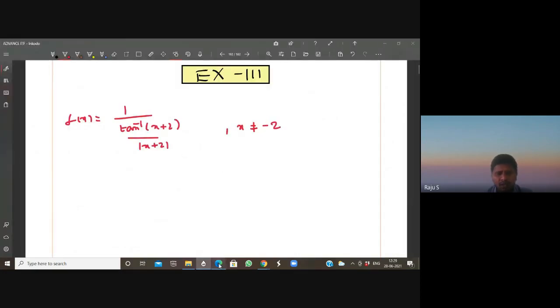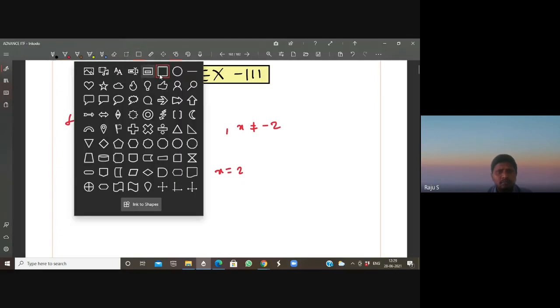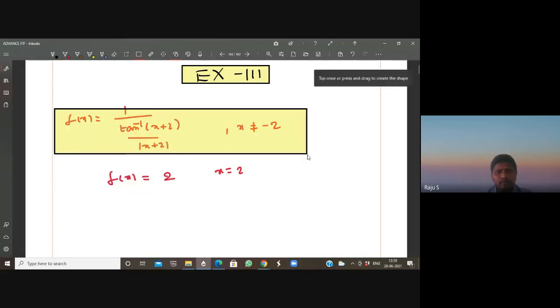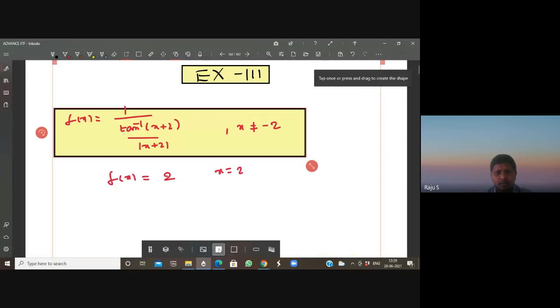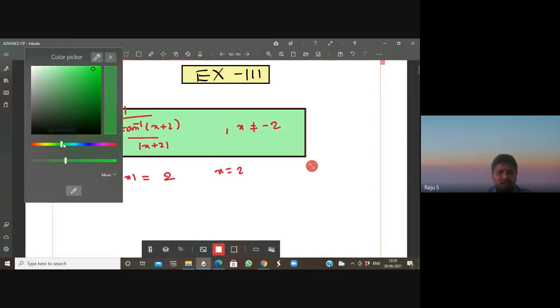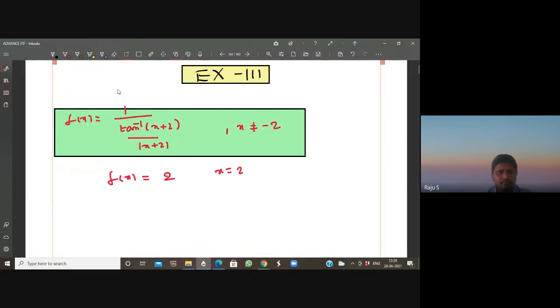So at the remaining case, at x is equal to 2, the function value they given is 2. Okay, fine. So here these two conditions are there, they given different conditions, and this is another condition.